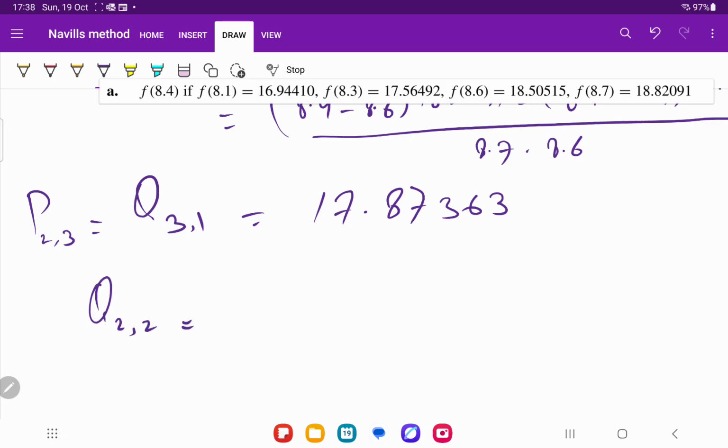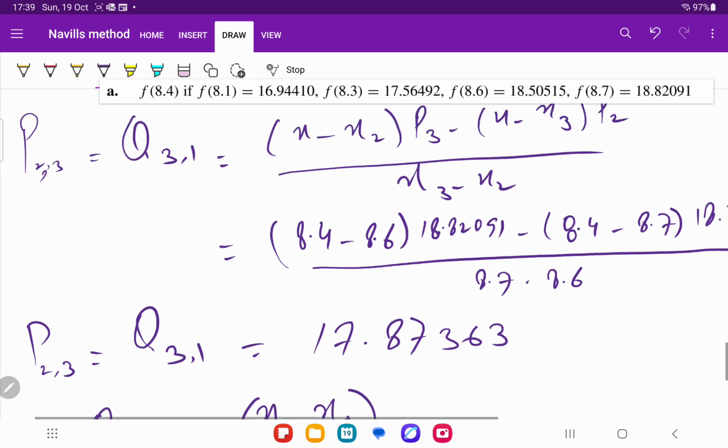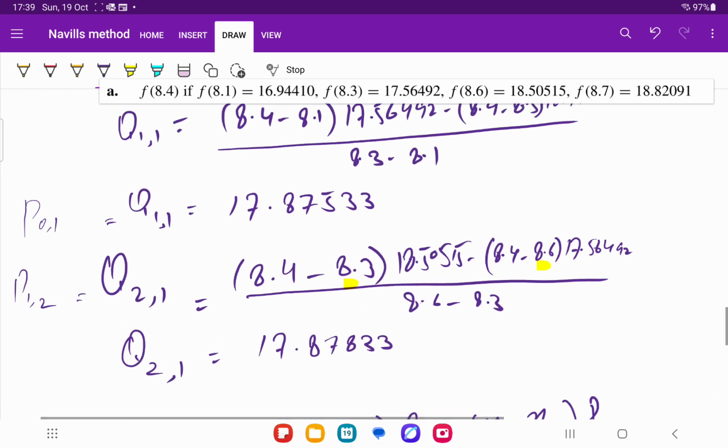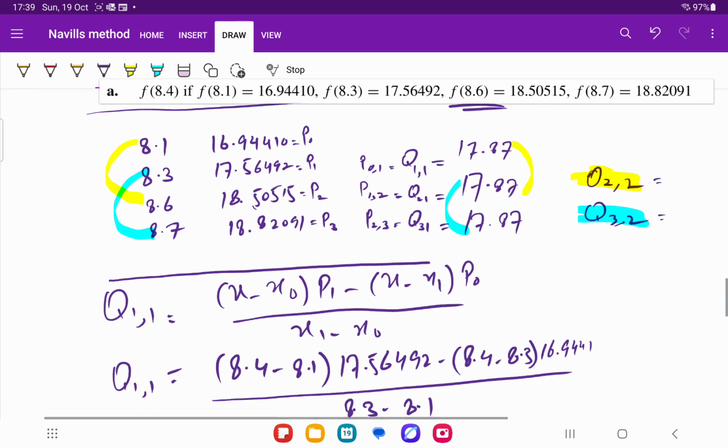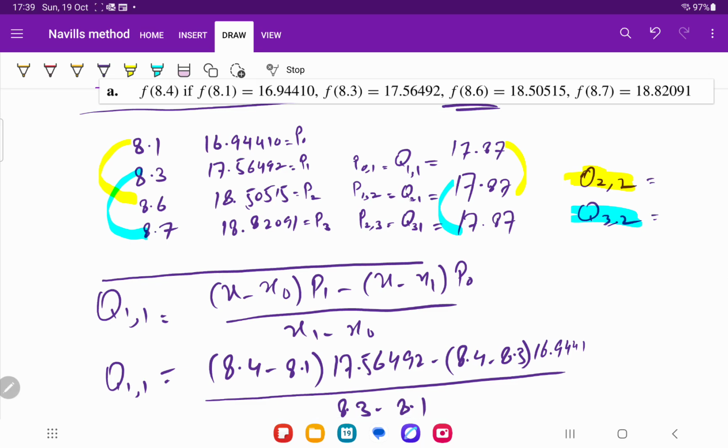q22. Okay, so for q22 you will have again x minus x0, and correspondingly we have to pick from the table these 2 points, because we are considering the cross multiplication.